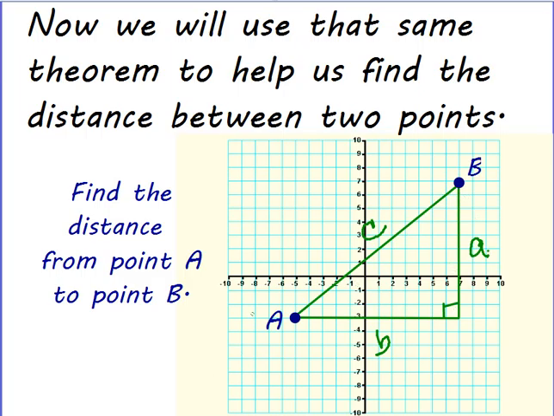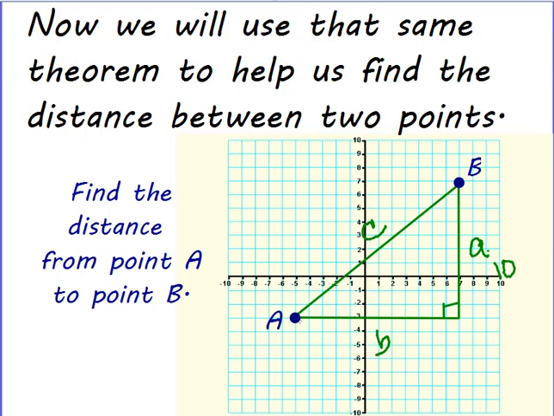So the distance of my legs, we can pretty much count those. The length of leg A, I can start at this point up here, and I can see that it goes 1, 2, 3, 4, 5, 6, 7, 8, 9, 10. The length of leg A is 10. I can also say that I'm going from -3 to 7, and from -3 to 7, I have to add 10 to get there.